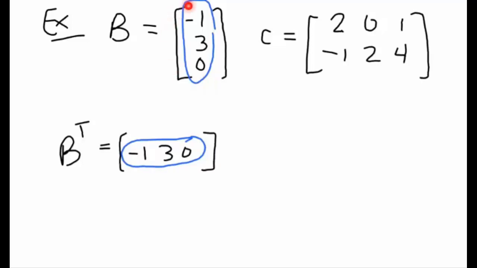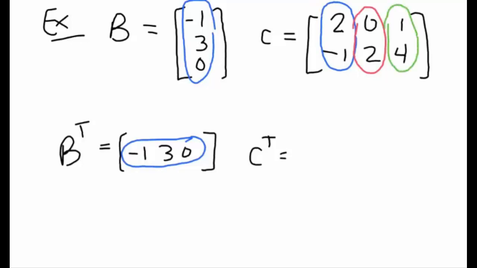In other words, if we start with a column matrix, we end up with a row matrix, and vice versa. Okay, now for C transpose. I'm going to go ahead and circle our columns. And each of these columns is going to become a row of our new C transpose.